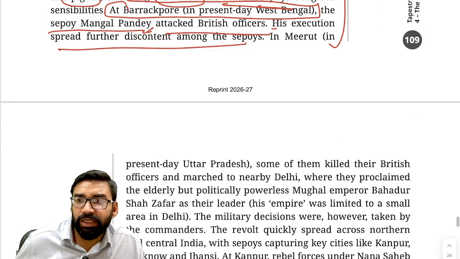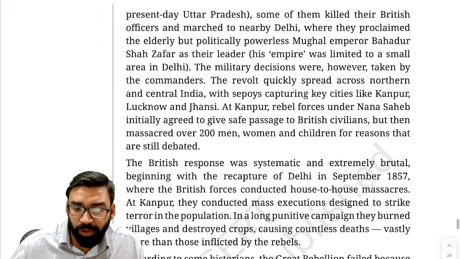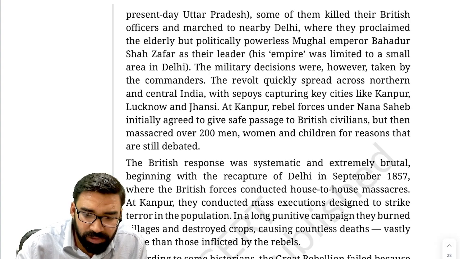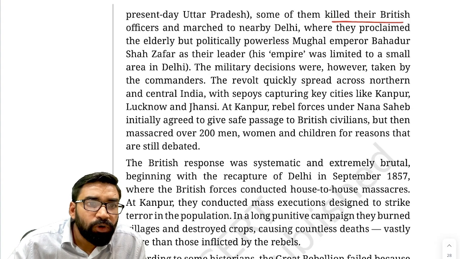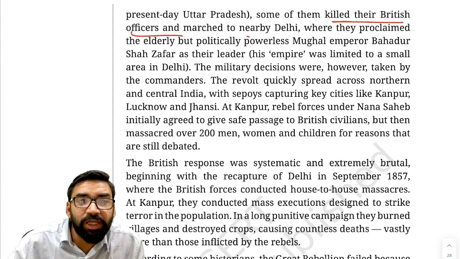Now, after this, Meerut is in UP. So, in Meerut, what happened? Some of these sepoys killed British officers, and they marched from Meerut to Delhi.